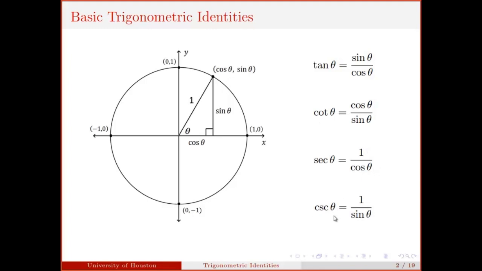And cosecant theta, which is equal to 1 over y, is equal to 1 over sine theta. These equations all represent basic trigonometric identities. An identity is simply an equation which is satisfied by all possible values of the unknown variable.